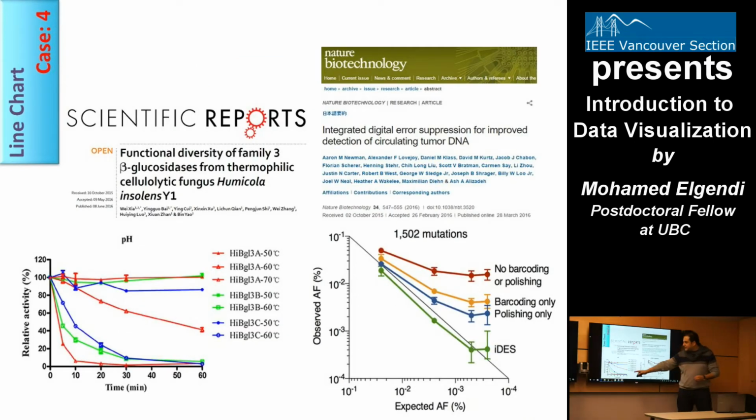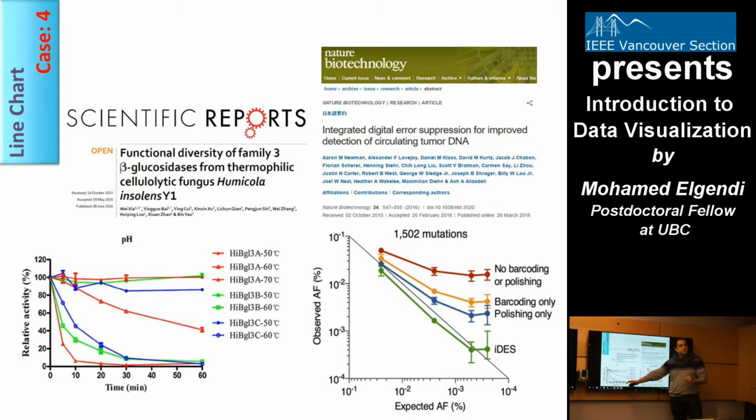How about this figure? That's published 2016. Something fundamentally wrong. If we can improve this, what do you suggest? Use different colors. Exactly. So you see, we have red, red, red.